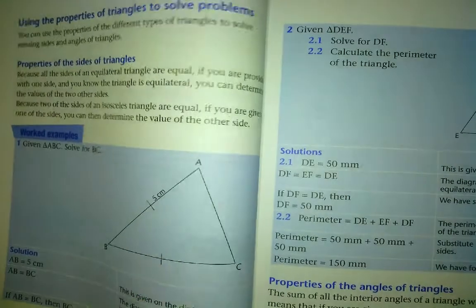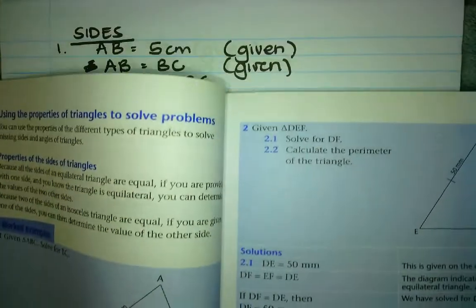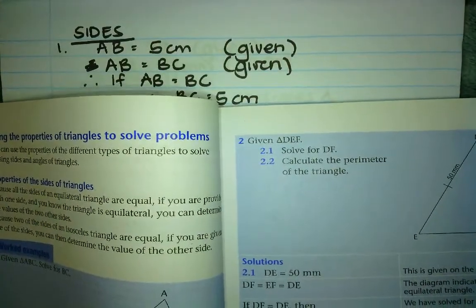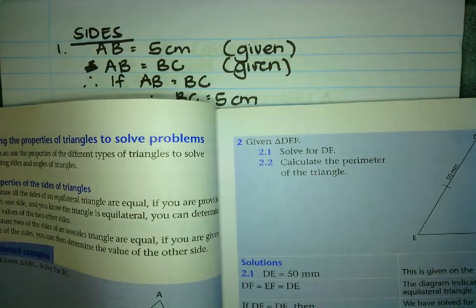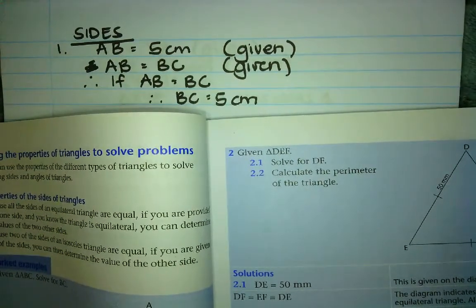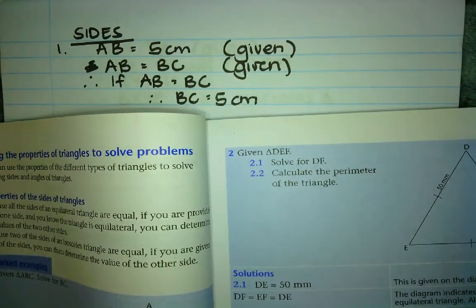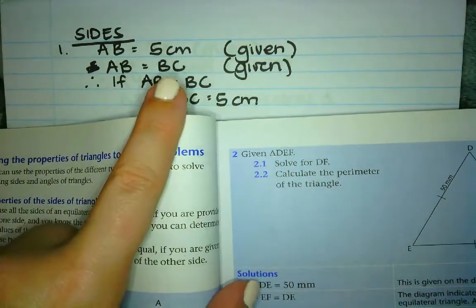They're showing you that that side is equal to that side, which is given to you with the little lines. Therefore, if AB is equal to BC, that means BC is equal to 5 centimeters.